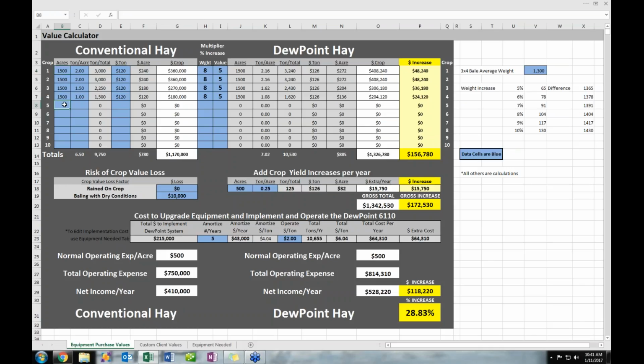And I would argue they don't need to get rid of the second baler. If they want to trade it and take the dollars and put it towards the steamer, that's fine. But if they can keep the second baler, they'll be even more productive than what this spreadsheet allows us to be.